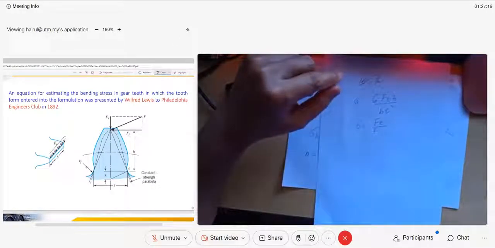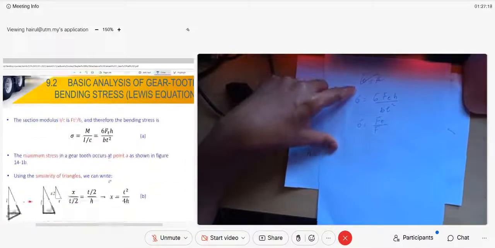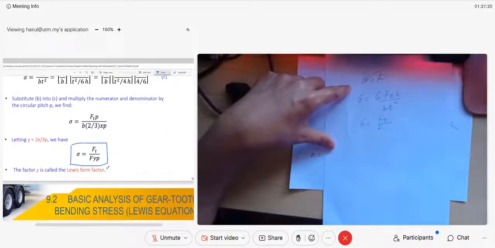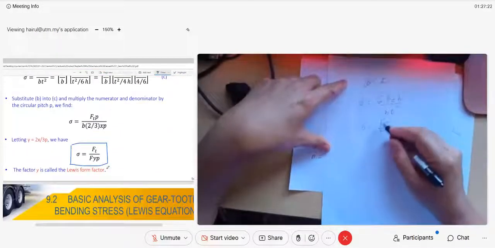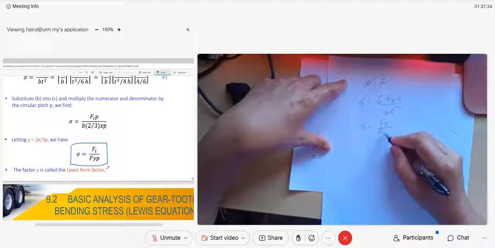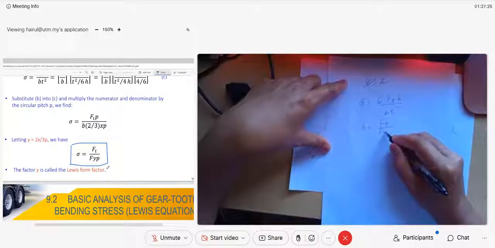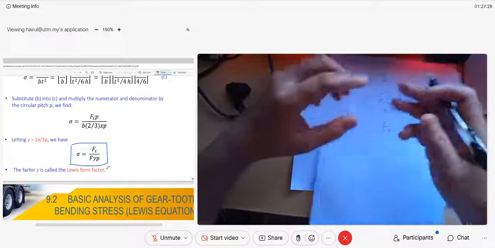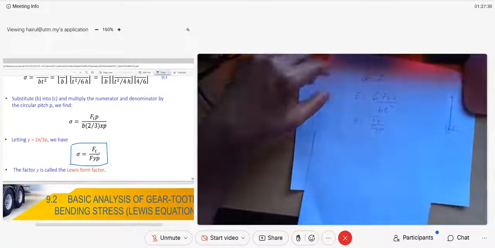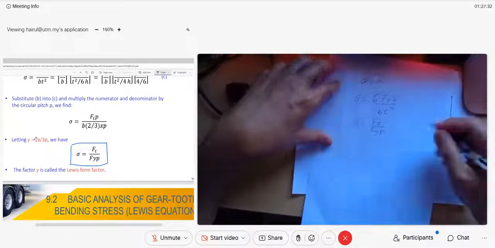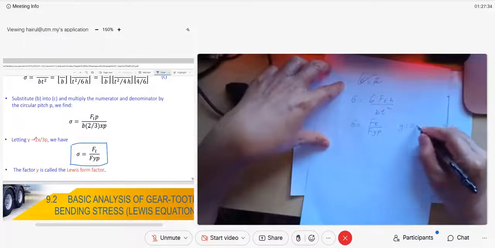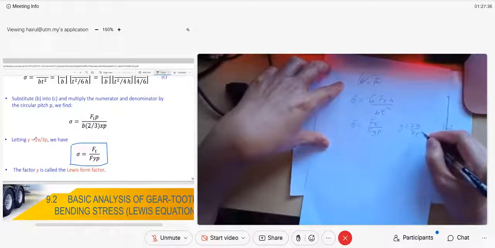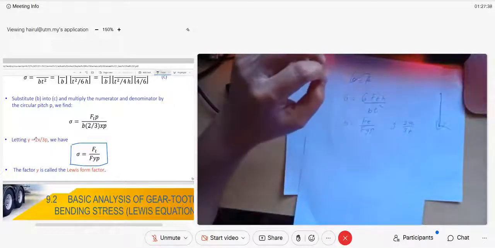F is your face width. So your sigma is your tangential load over F, the face width, and Y is the small y, a factor that is already a ratio. Y is the Lewis form factor, where Y is 2x over 3p, and P is the circular pitch.